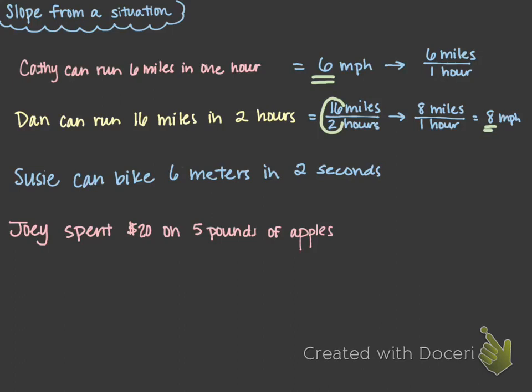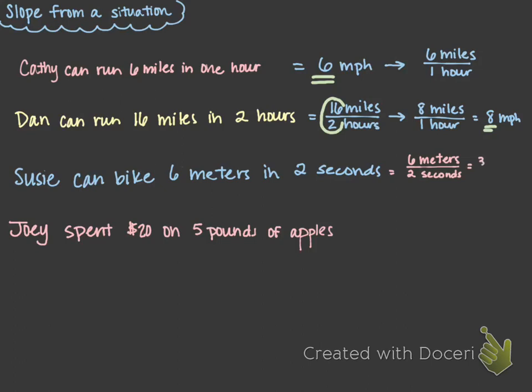All right, Susie now, we have can bike 6 meters in 2 seconds. So we write our distance over time. So we have 6 meters for every 2 seconds. If we can reduce this, we want to. So 6 divided by 2, 2 can go into both of those.